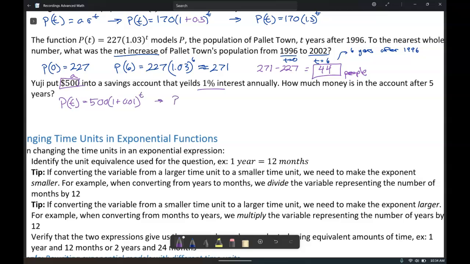So we can simplify. And he wants to know how much money he has after 5 years, so we will evaluate p of 5, which, rounded to 2 decimal places because it's monetary, is $525.51.